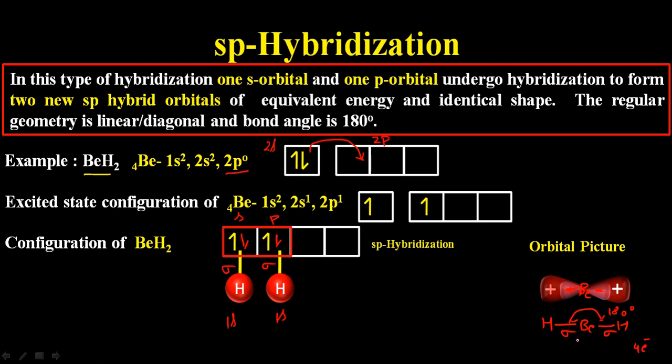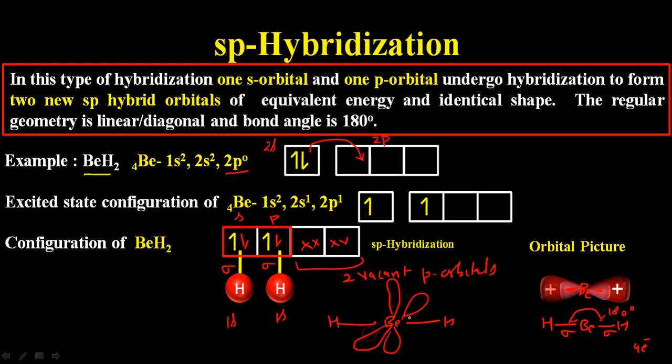So still it has the capacity to gain 2 pairs of electrons, and we can see that we have 2 vacant p orbitals which can easily gain electrons. So the overall structure for BeH2 can be shown like this. We have one orbital and this is one more orbital.